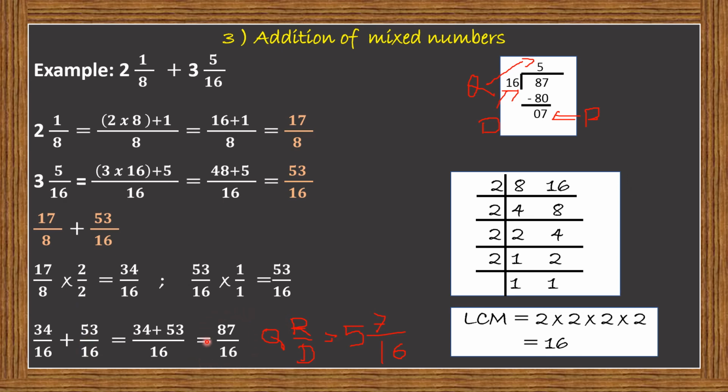When we got the last answer, again we observed that this is an improper one, so we have converted it into a mixed number. Okay, this is how you have to do the addition of mixed numbers. I hope this is clear to you.